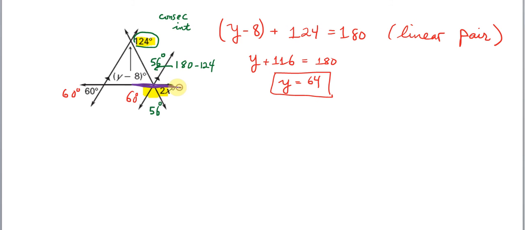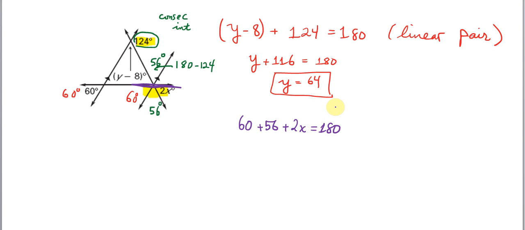That's a straight angle. So now we can say that 60 plus 56 plus 2x is equal to 180 degrees.